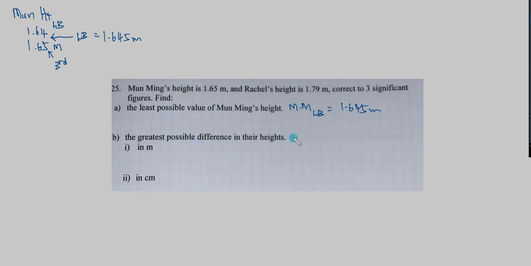The greatest possible difference in the height is you have to take one height minus the other one. But to find the difference, normally we take the one which is of greater value, which is Rachel's height. So it has to be Rachel's height minus Manming's, who has the shorter height.